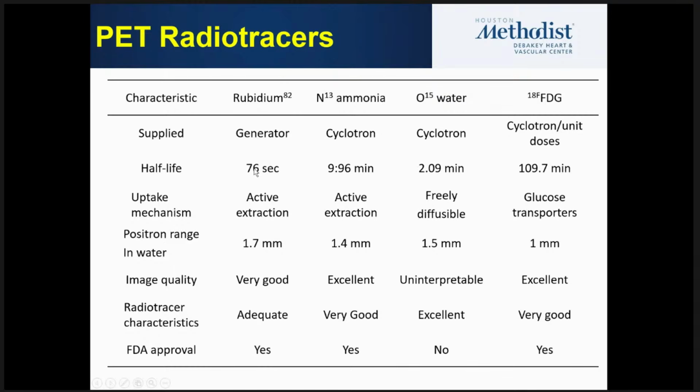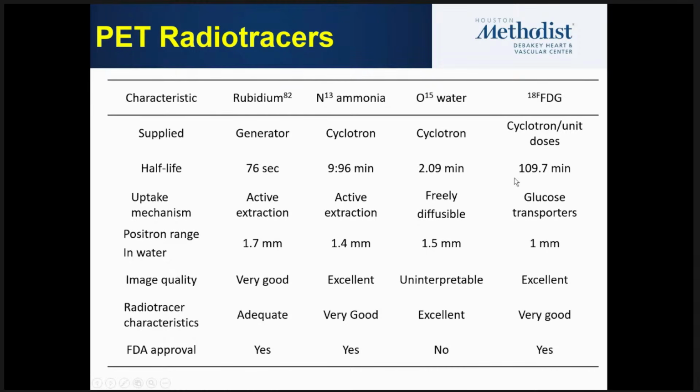And just to keep things in perspective, usually to get the radiotracer out of complete decay, you need almost 5 half-lives. So if the half-life, for example, of rubidium is 76 seconds, then you need 5 times 76, which is closer to 380 seconds.